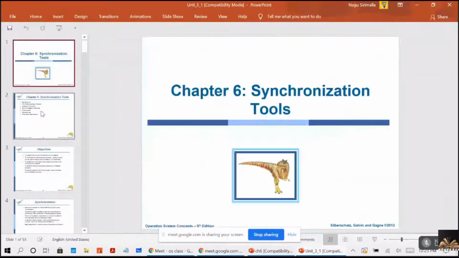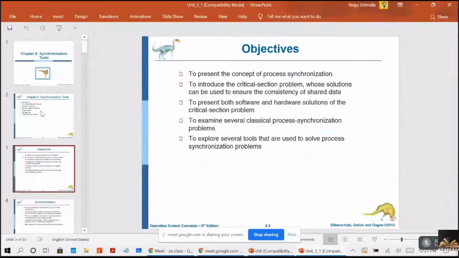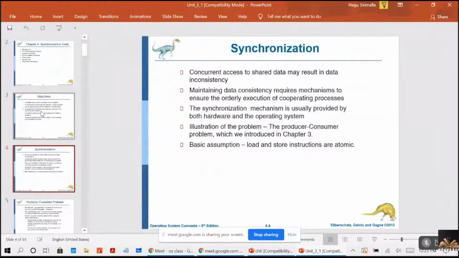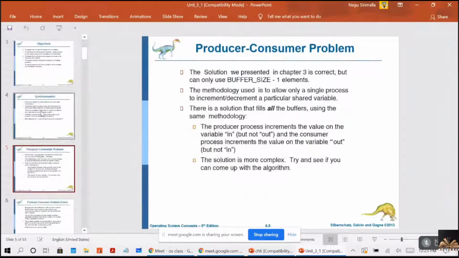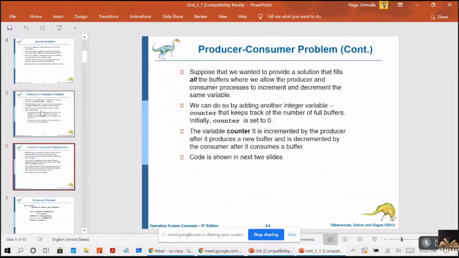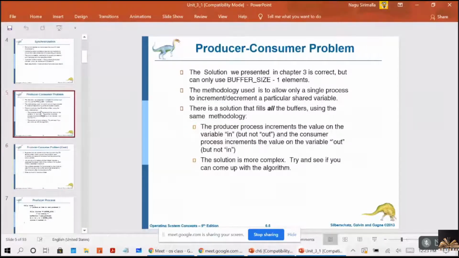About this synchronization and how the producer consumer problem can be solved using synchronization. What we are trying to do is use a variable called the count variable, the common variable which both can use.